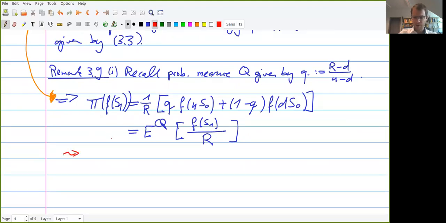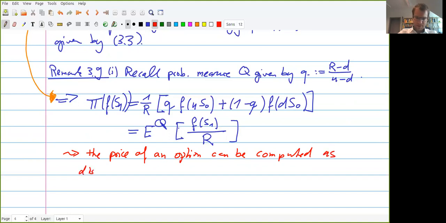First observation we make here: the price of an option can be computed as a discounted expectation with respect to Q.